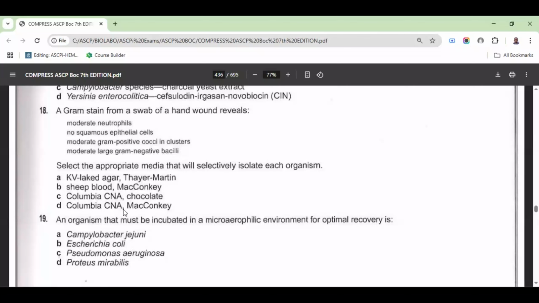We want to identify the wound infection, which may be associated with Staphylococcus aureus, so we use CNA to isolate it, and we take a part of the sample and culture it on MacConkey agar to identify the gram-negative bacilli. So CNA is for gram-positive, and MacConkey agar is for gram-negative bacteria.